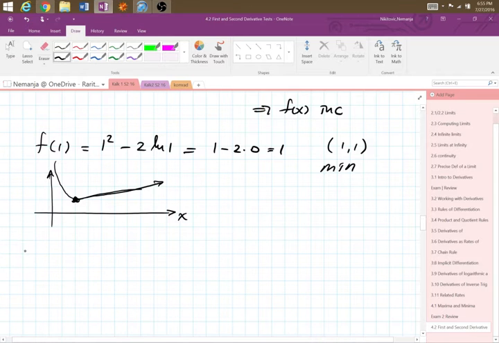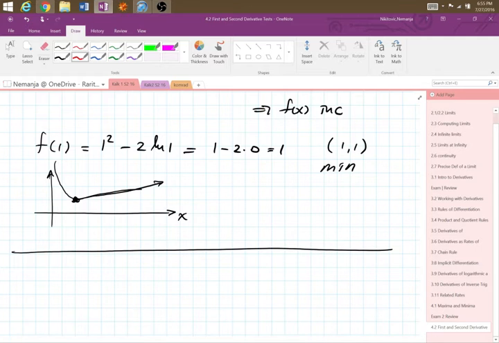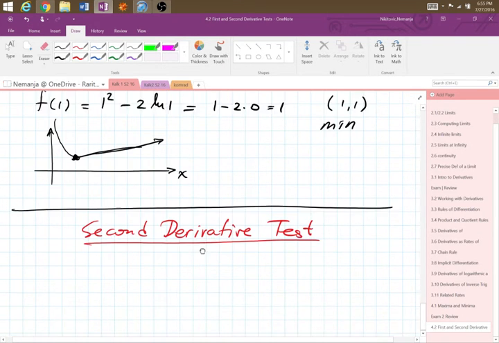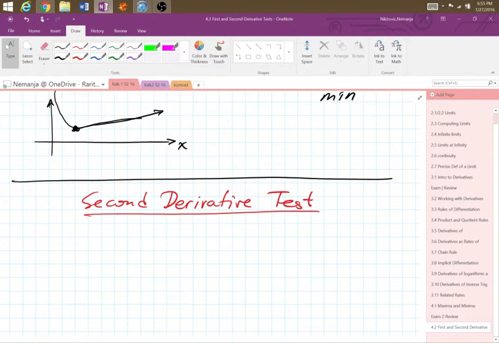Second part of this lecture is going to be the second derivative test. And that one detects concavity of the graph.